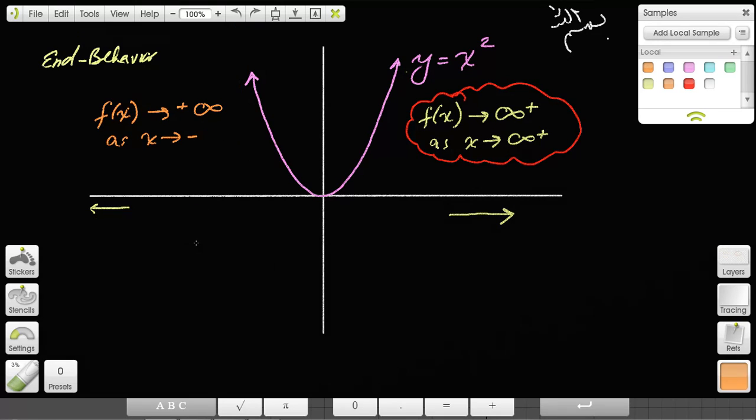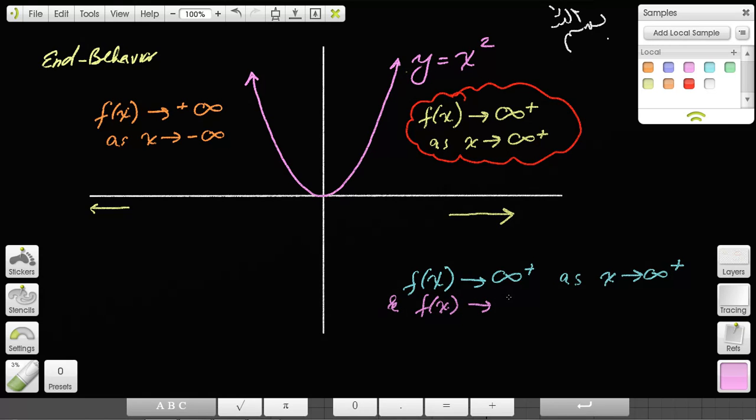So the end behavior of this function can be described as f of x goes to positive infinity as x goes to positive infinity, and f of x goes to positive infinity as x goes to negative infinity.